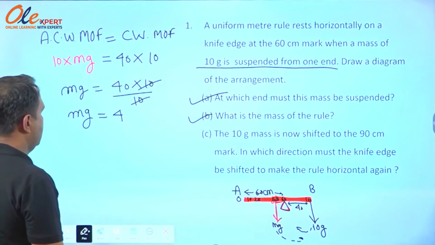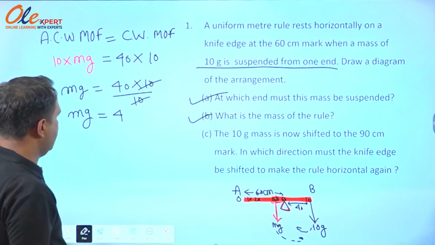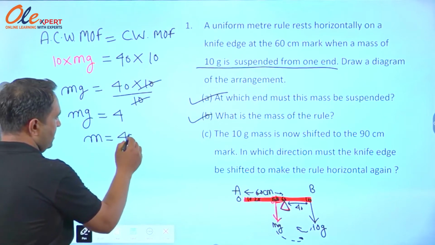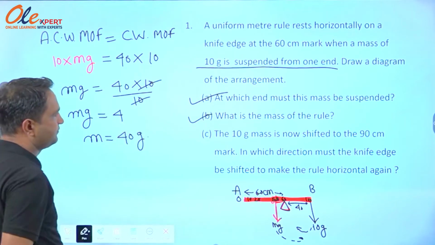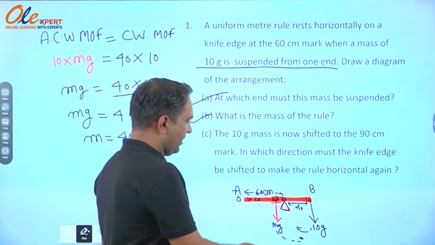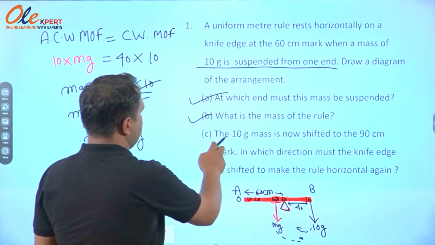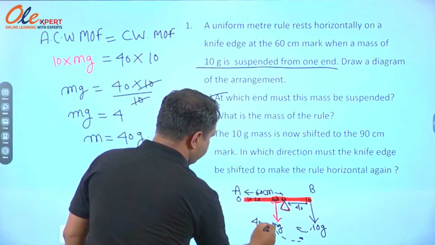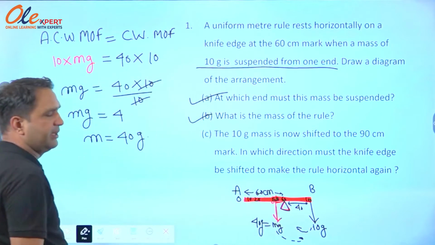So the mass is equal to 40 gram. So what was the question? What is the mass of the rule? Mass of the rule is 40 gram.